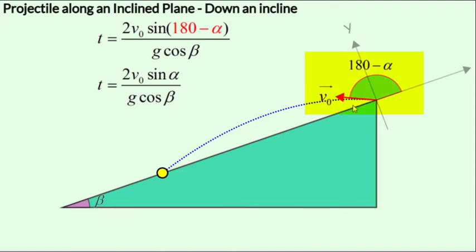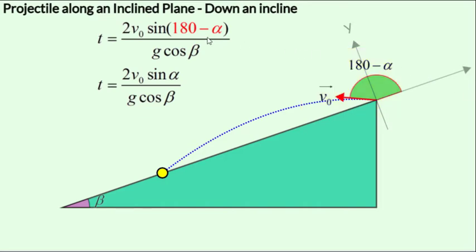So if this angle, which is the angle of launch here, is alpha, then this angle would be 180 minus alpha. Or in other words, we can imagine it as if the launch is still up the incline, but the angle of the launch is 180 minus alpha, because alpha is now this angle.